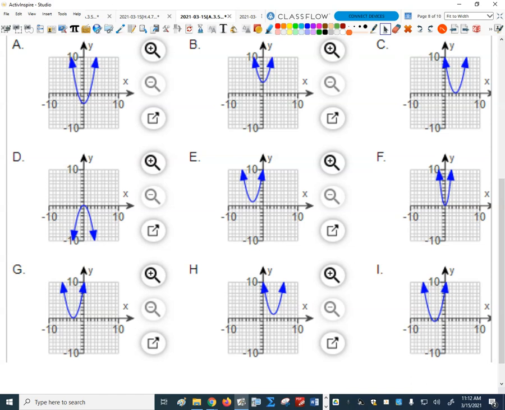Which one is 3x squared? Y equals 3x squared. So I'm multiplying the function. There we go. Multiplying the function by 3. What does that do?